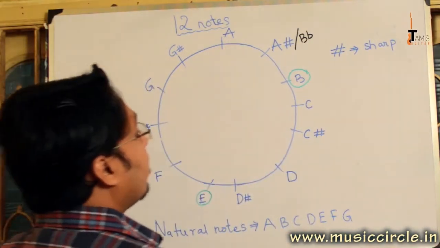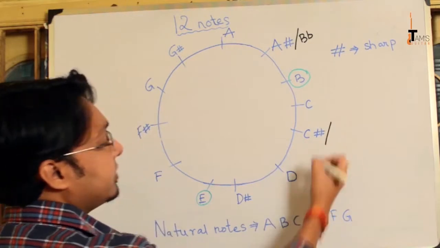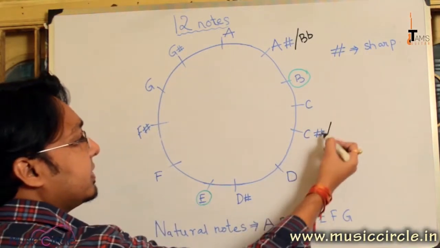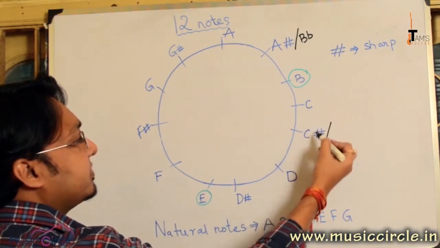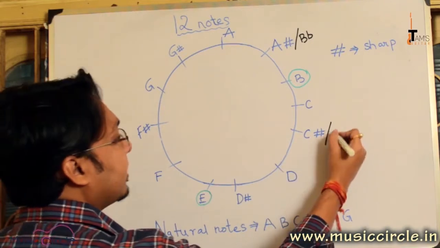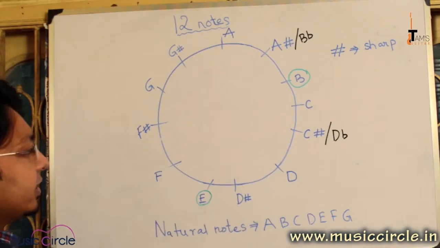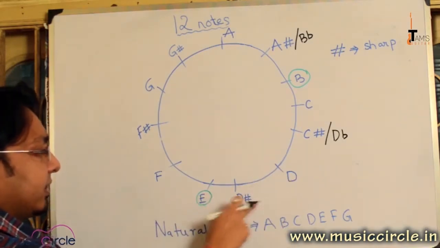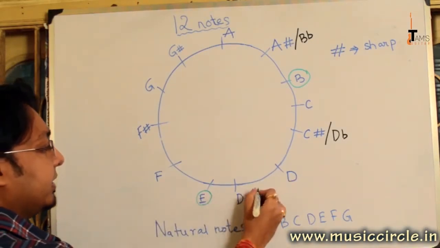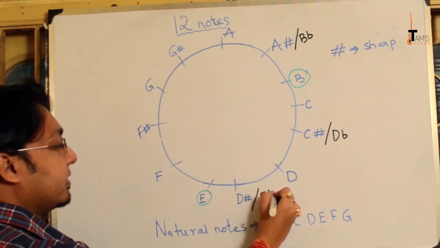We have got another note, C sharp. Definitely it's C sharp because it's ahead of C, but it's behind D, that's why you can call it D flat. Similarly, you can see that it's ahead of D but behind E, so E flat.